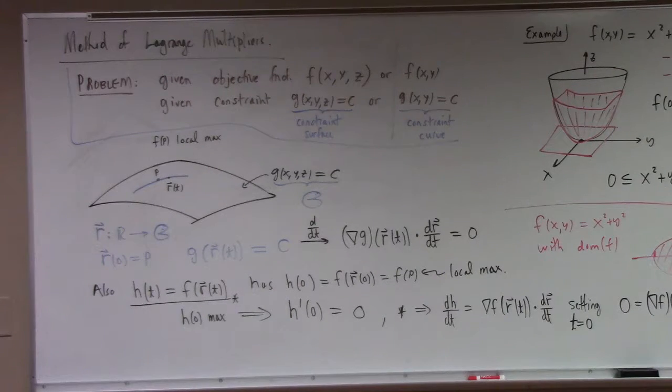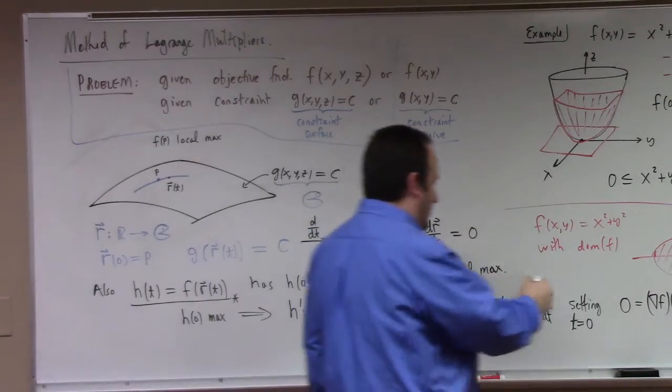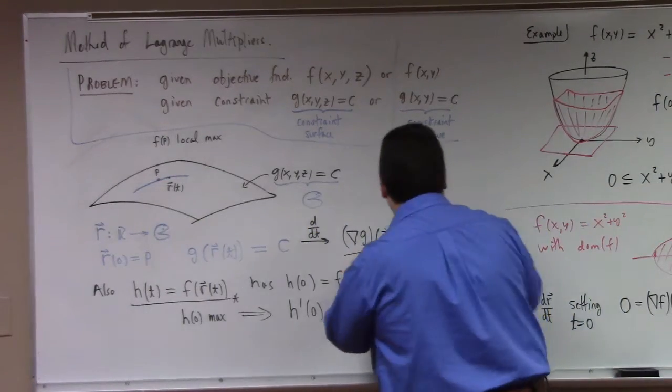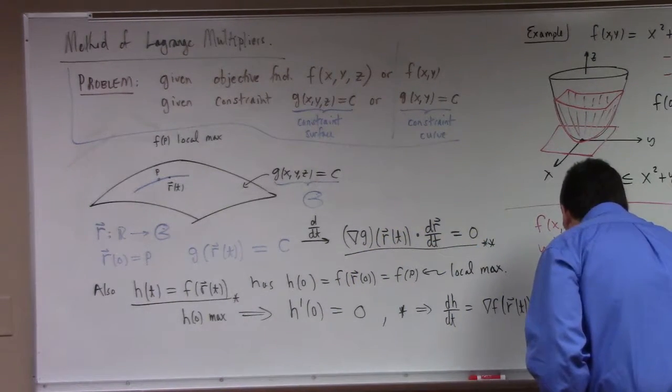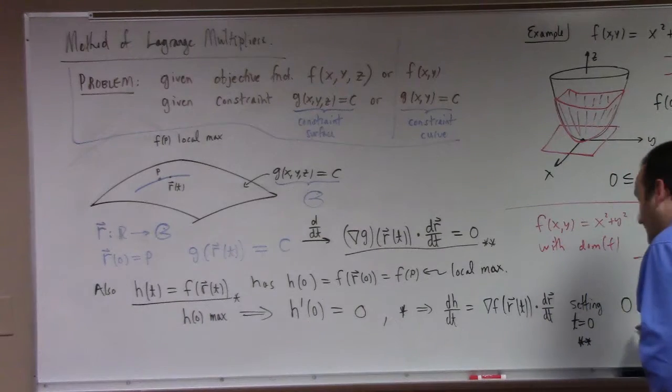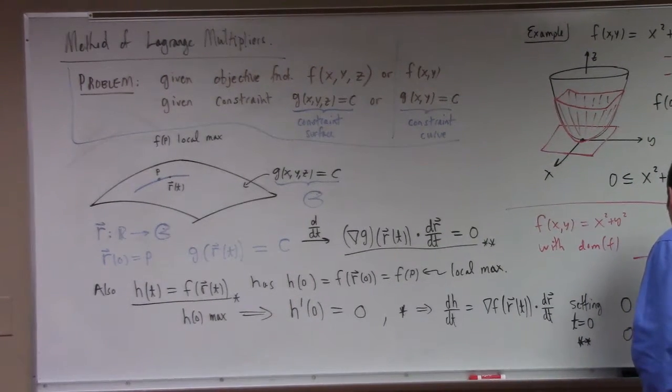And we can also compare, at this extremal point P, we have two things. By the way, let me call this thing star star. Star star, also set t equal to 0, gives me 0 is equal to the gradient of g at P dot dr dt.